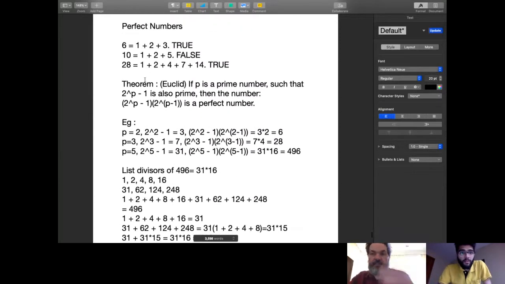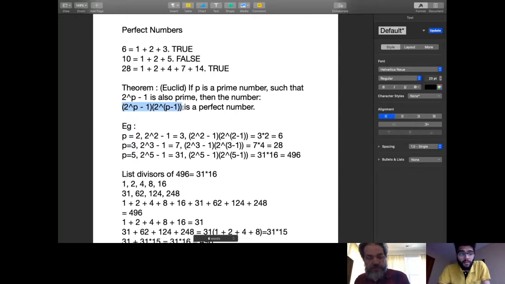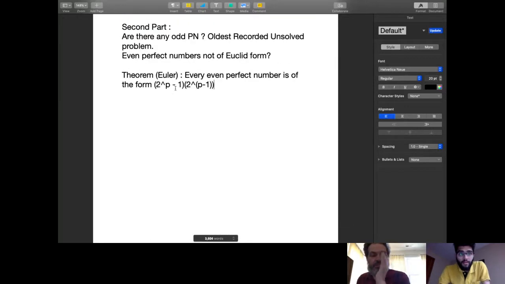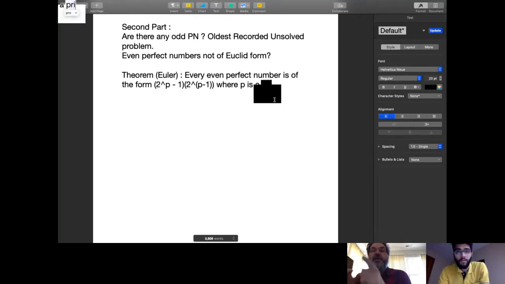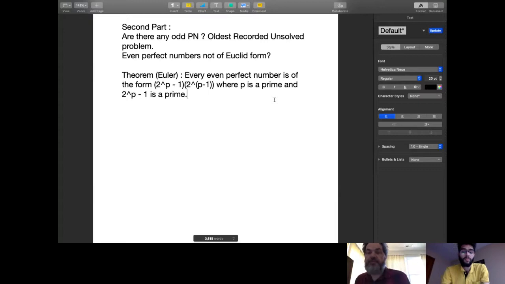Let's write it again, the form: 2 to the p minus 1 times (2 to the p minus 1), where p is a prime and 2 to the p minus 1 is a prime. So if p is a prime but 2 to the p minus 1 is not a prime, this is not going to be a perfect number.